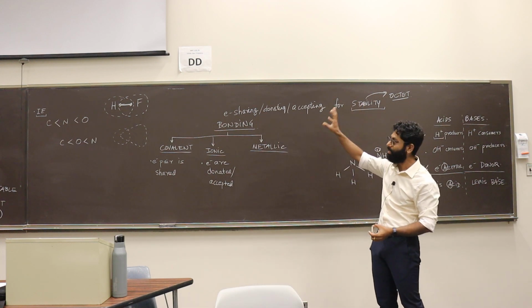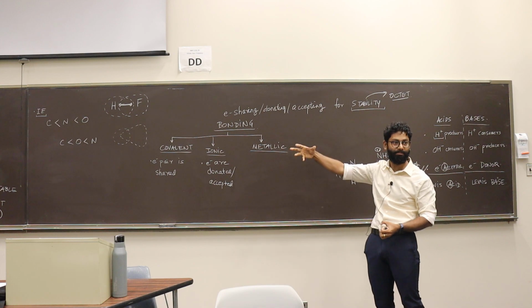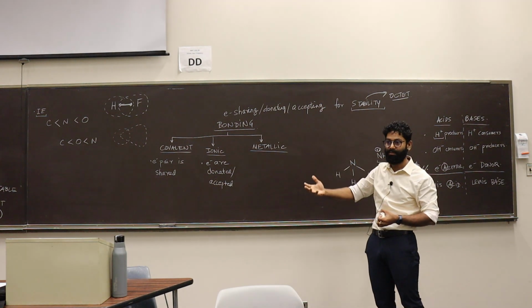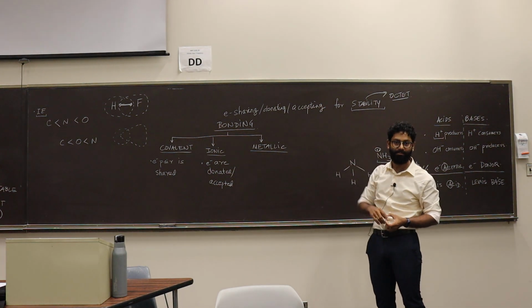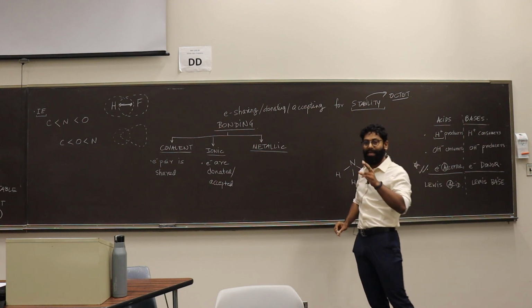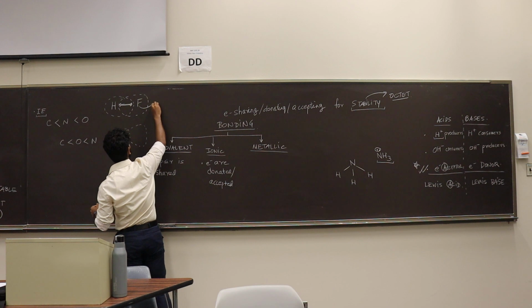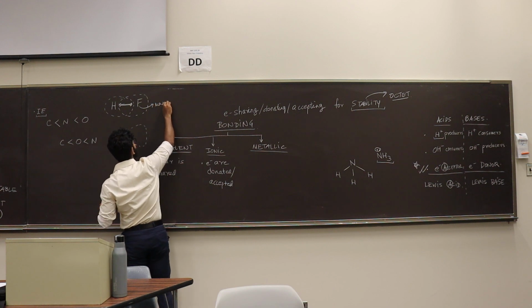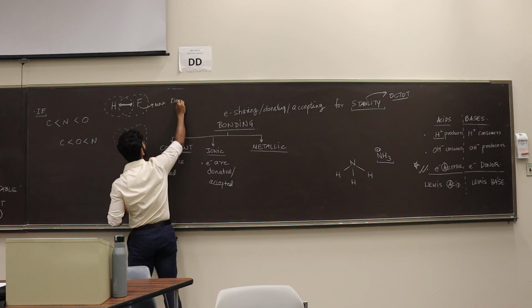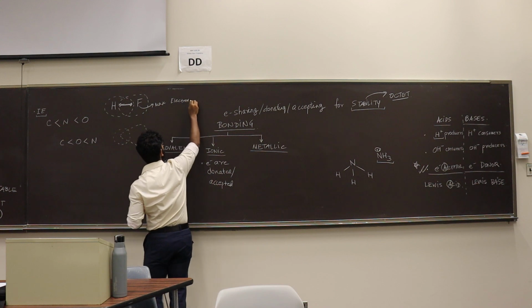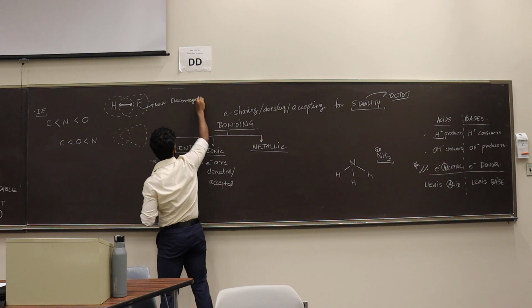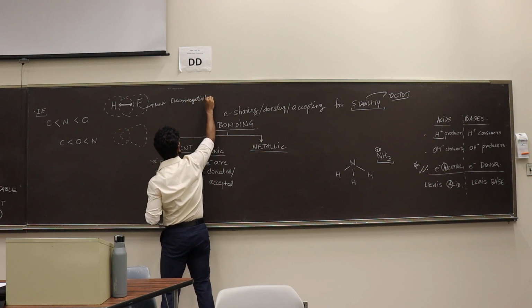So fluorine is the element which has the maximum electron affinity, followed by chlorine, and so on. So fluorine is the one with max electronegativity.